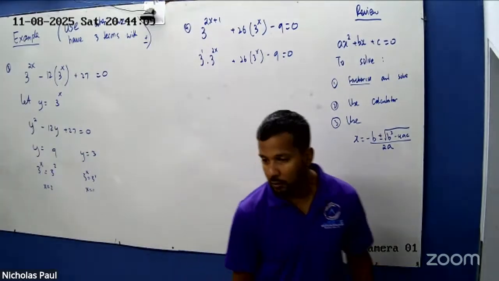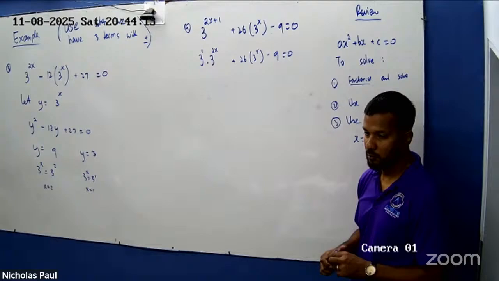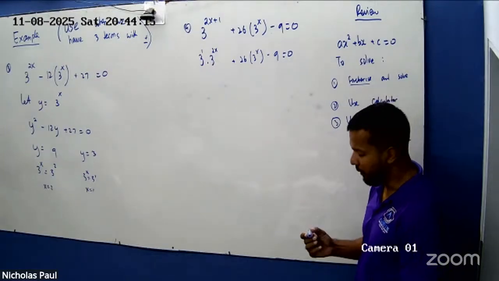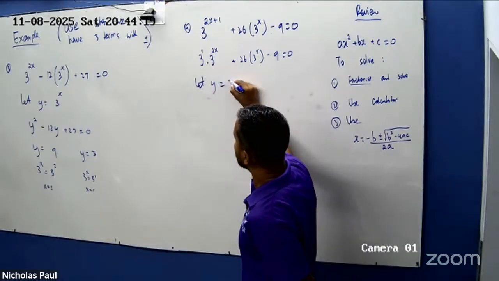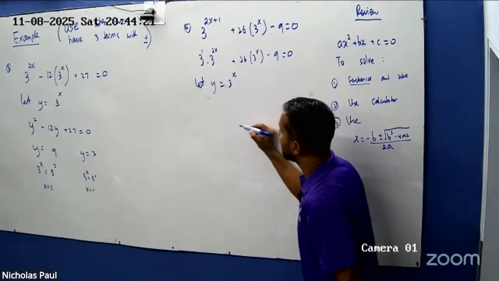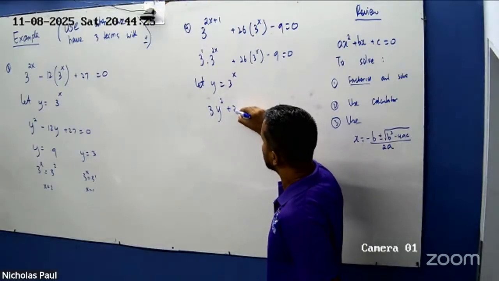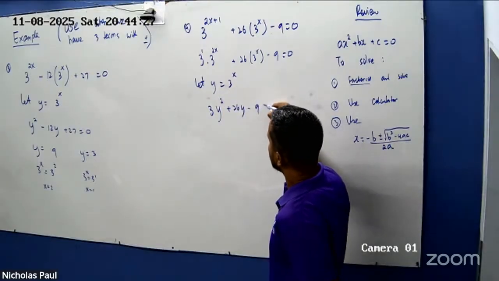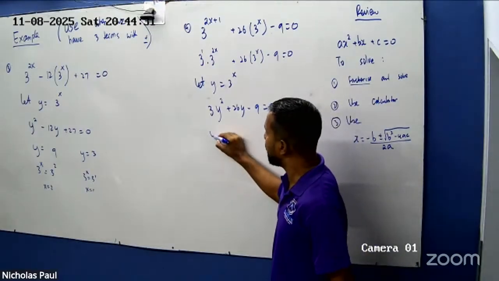So here, if we let y equal to 3 to the x, you'll end up with 3y squared plus 26y minus 9 is 0. Right? So y is how much?